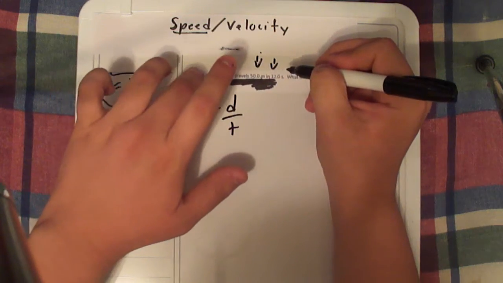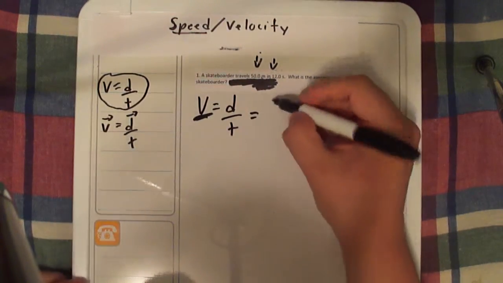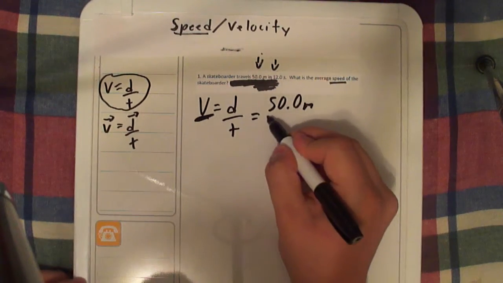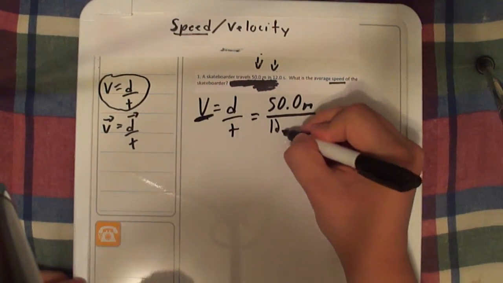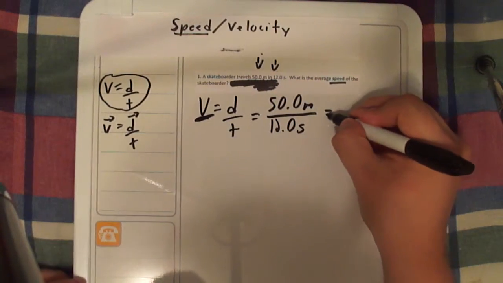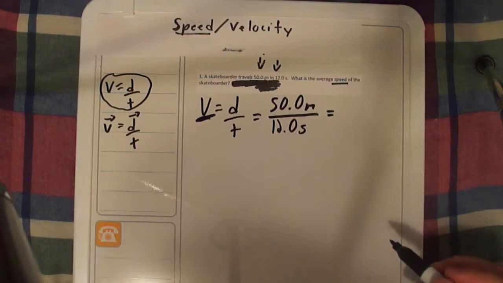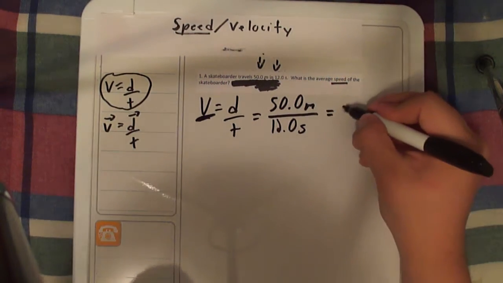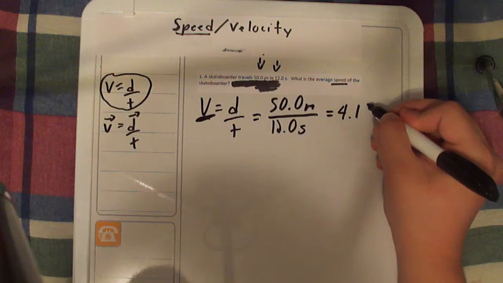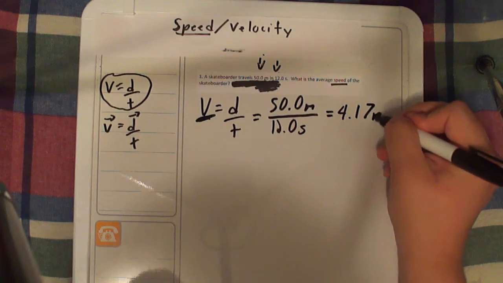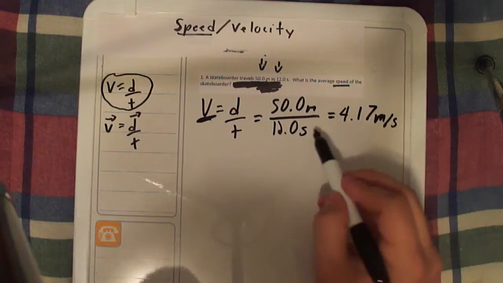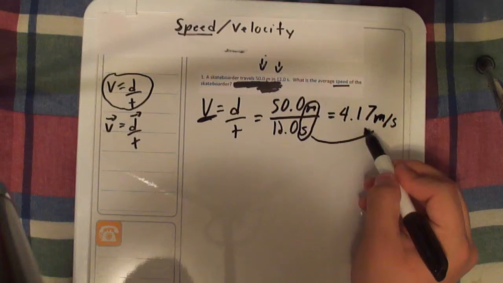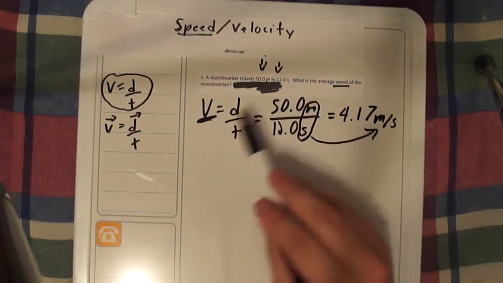So you can just plug in your numbers: 50.0 meters divided by 12.0 seconds. 50 divided by 12 equals 4.17 meters per second.